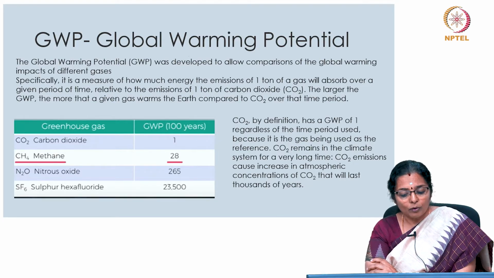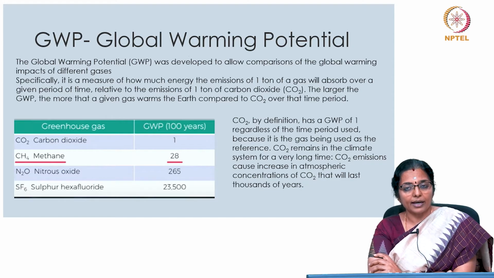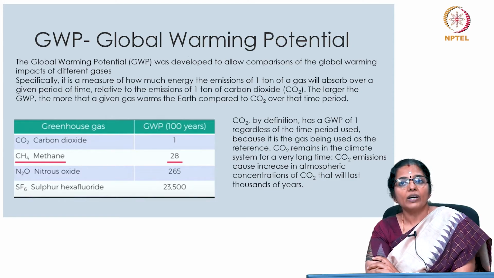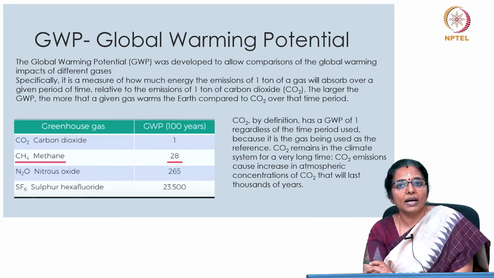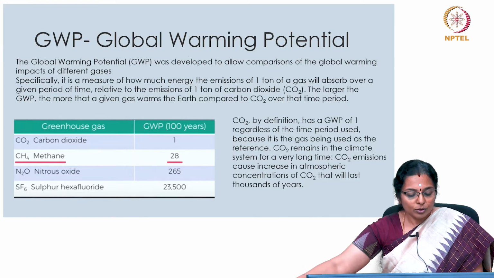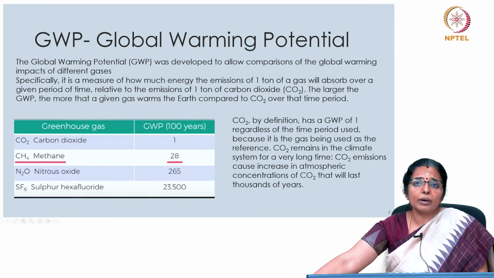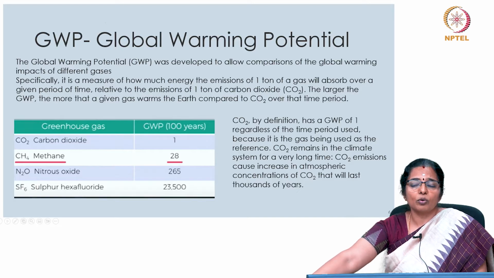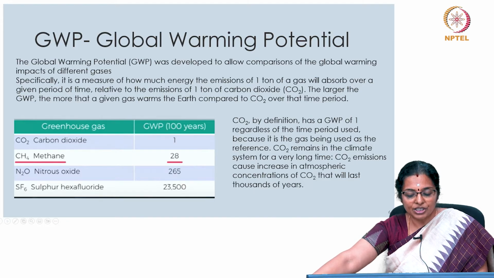Methane has a global warming potential of 28 over 100 years in comparison to the benchmark carbon dioxide. So, use the same analogy that I gave about the currencies to understand carbon dioxide equivalence and GWP.